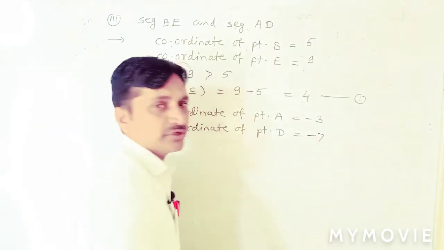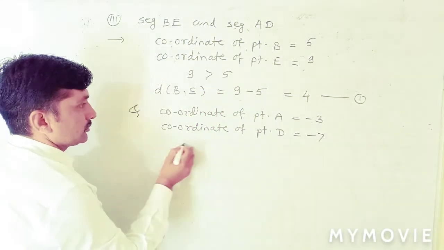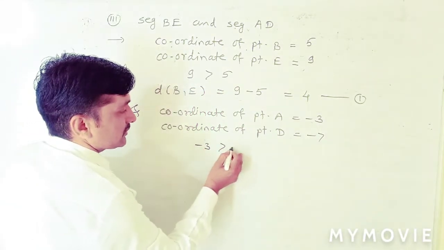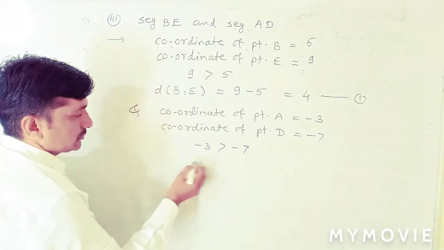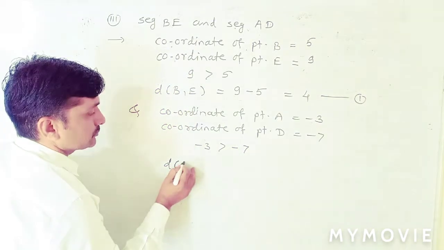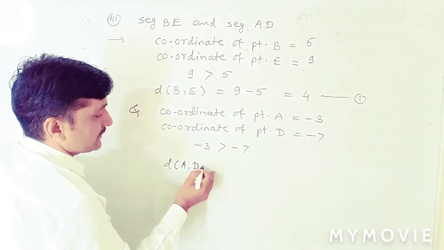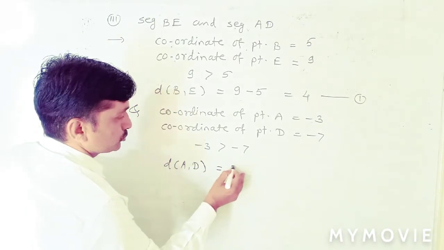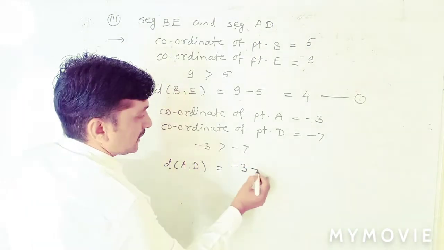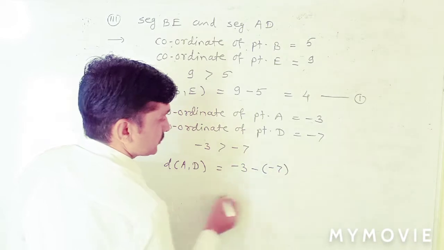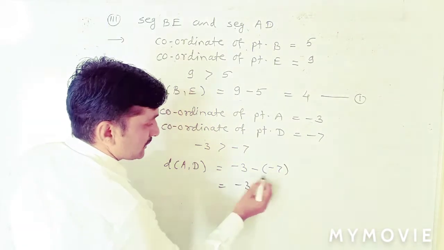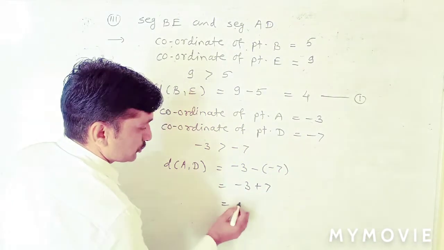Now in the table these values are given. -3 is greater than -7. Therefore distance between point A and D is equal to -3, the greater, minus -7, the smaller, which is -3 plus 7, equal to 4. Number 2.